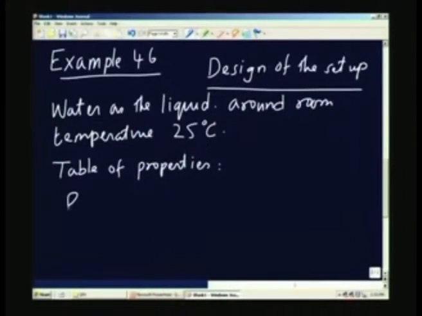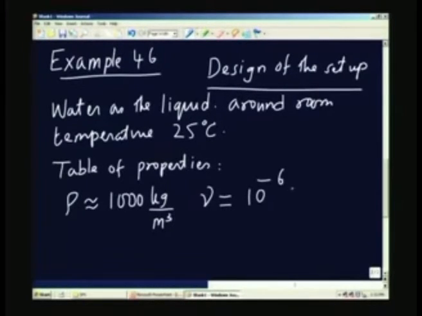I can assume that rho is typically 1000 kg per meter cube. This is the density of water, and then the viscosity, which is the kinematic viscosity, nu, is about 10 to the power of minus 6 meter squared per second.